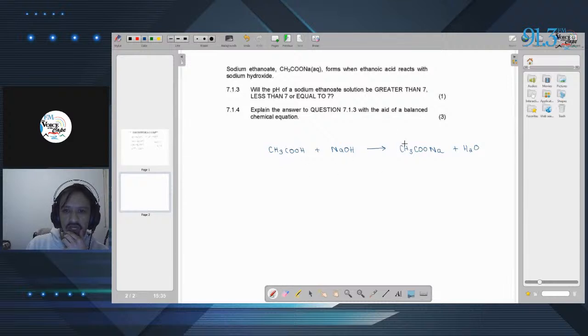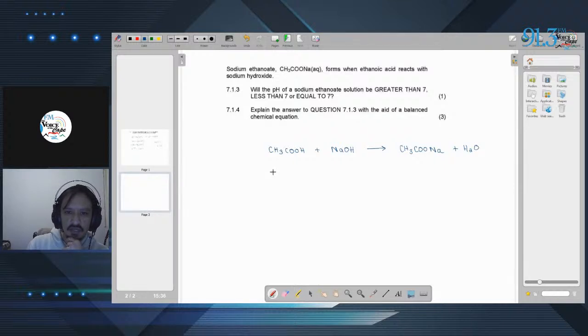Because if we think about what's happening here, yes, this donates its hydrogen, but it only has one hydrogen available, and donates it to the sodium hydroxide, right? And this hydroxyl takes it over, and we end up with H2O. Okay, so if we had to look at the ionic form, we would see that we'd actually have OHs being given off.